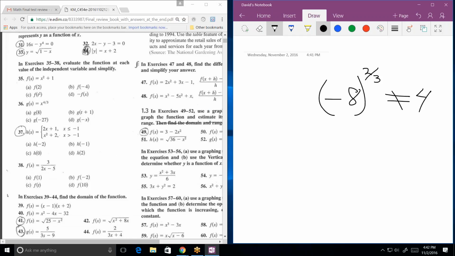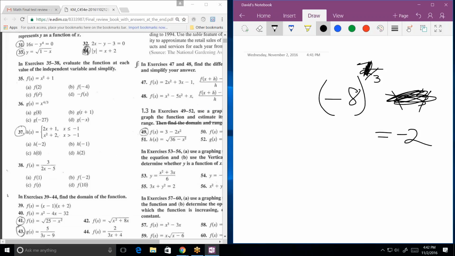The bottom line that I found is you cannot take a negative number to an exponent if the numerator, if it was 1/3, you could do it. In other words, 1/3, that's equal to -2. But when you get 2/3, all of a sudden it changes the rules.